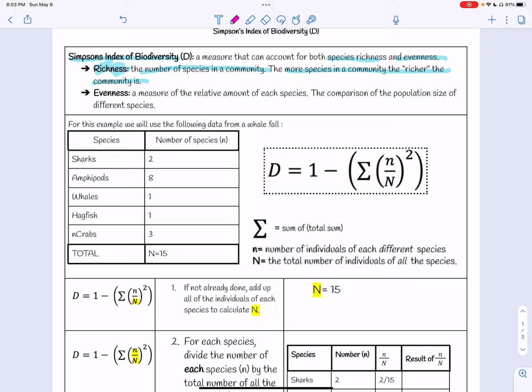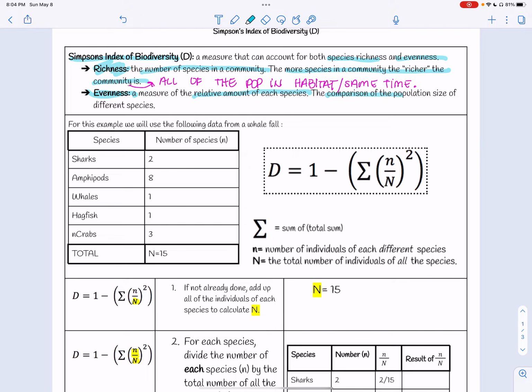Remember, a community is all of the populations in a habitat or in an area at the same time. We would say it's all the biotic factors. This also takes into account species evenness. Evenness is the relative amount or distribution, the abundance of each species.